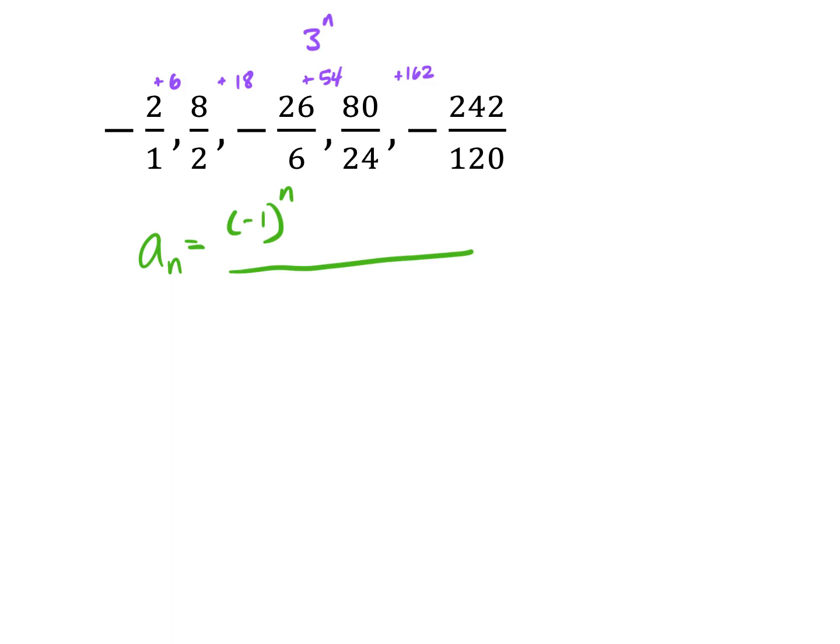If n is equal to 2, what is the value of 3 to the n? 9. What are you noticing? It's 1 less each time. What's 3 to the third? 27. Is everybody good? Are we seeing it? Okay, so my numerator is going to be 3 to the n minus 1.